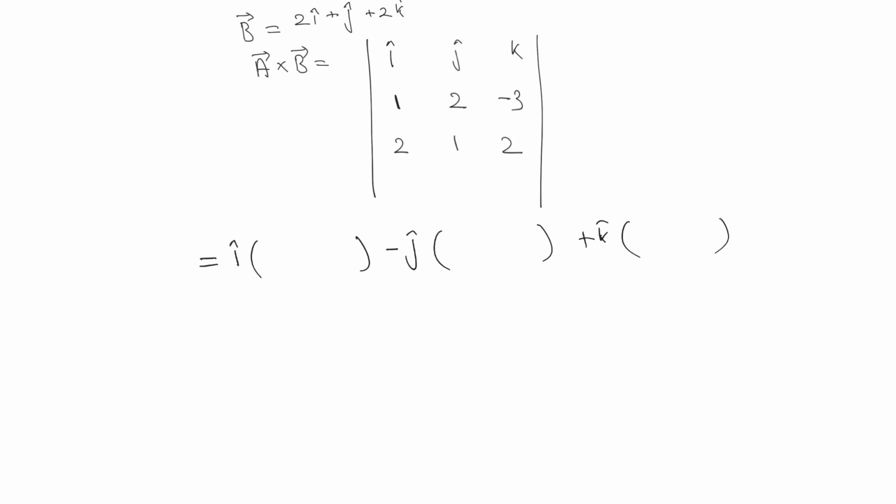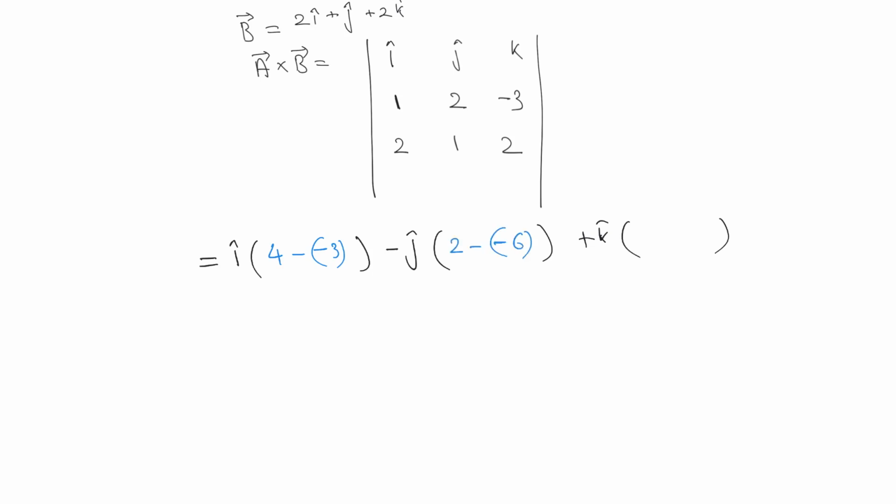Same as that, for the j component, this column and this row are eliminated. Then first we go for 1 into 2 in this direction, which is equal to 2, minus, in this direction, 2 into minus 3, which is equal to minus 6.